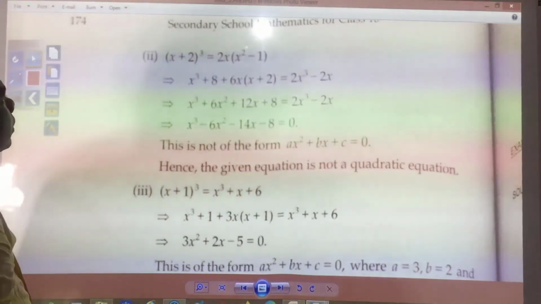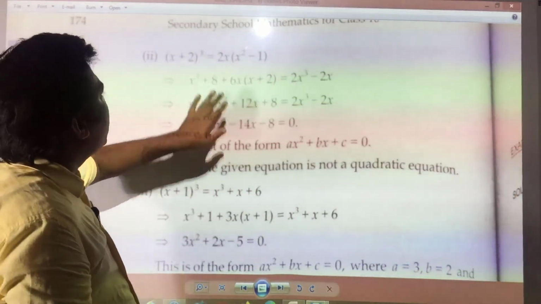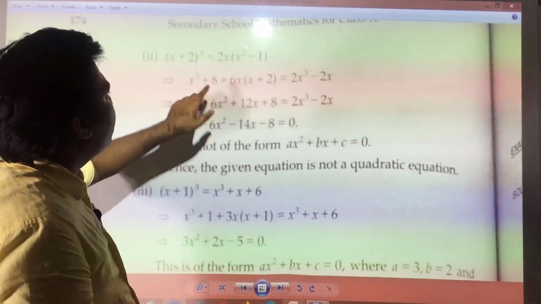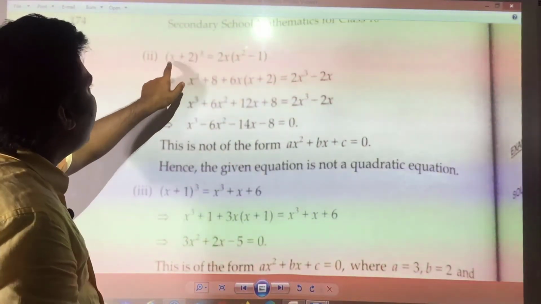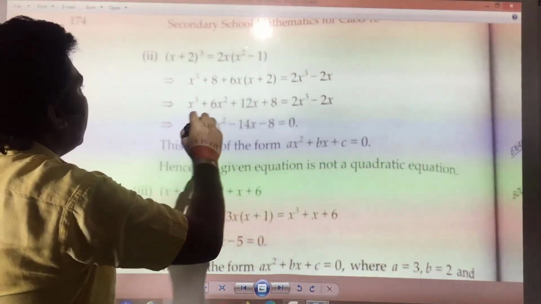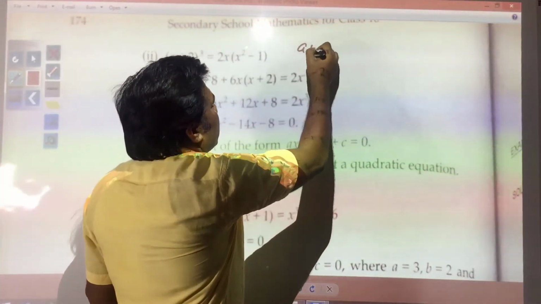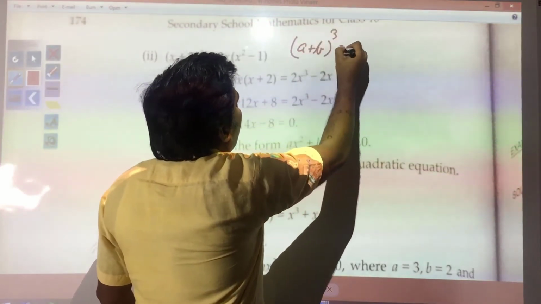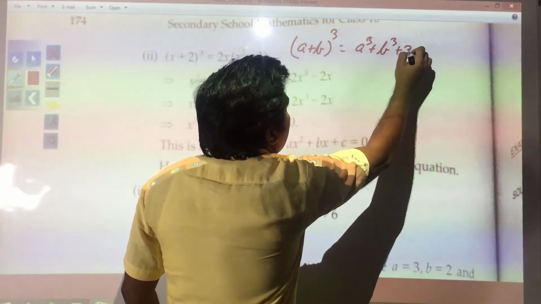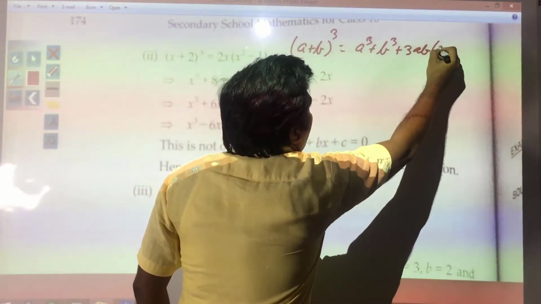Then you have (x plus 2) whole cube is equal to 2x into (x square minus 1). The same thing has been done. This is required to be simplified. If you remember the formula, (a plus b) whole cube is equal to a cube plus b cube plus 3ab into (a plus b).